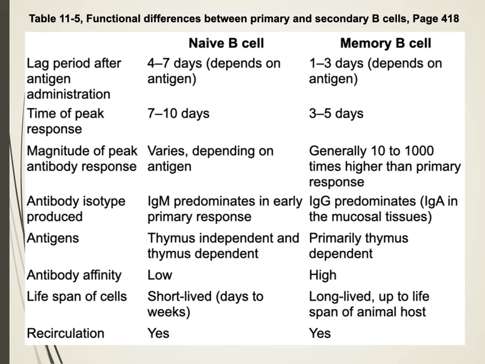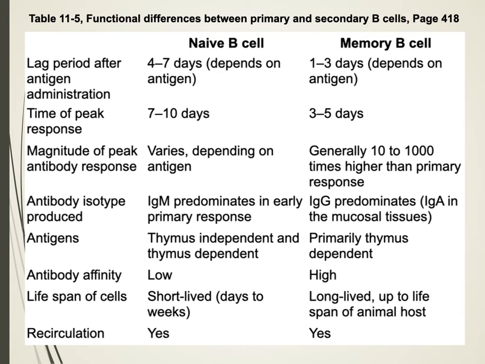And because of the low affinity, and because you're going to need T-cell help in order to do any kind of isotype switching, again, not very ideal. Also, the lifespan of naive B cells is much shorter, whereas the memory population is going to be longer lived. We tout the lifespan of the animal host, but obviously that wanes off a little bit too.